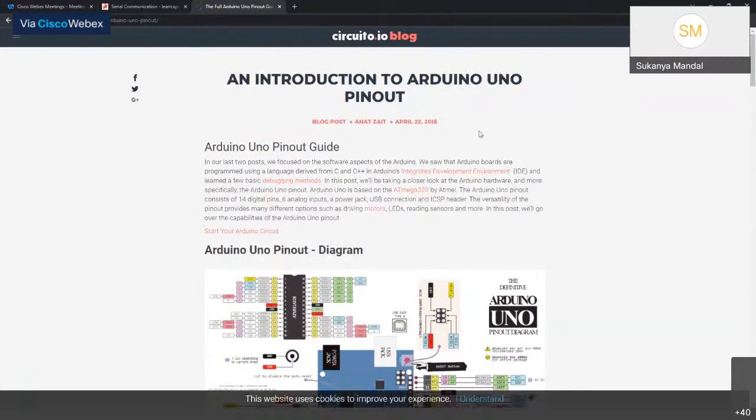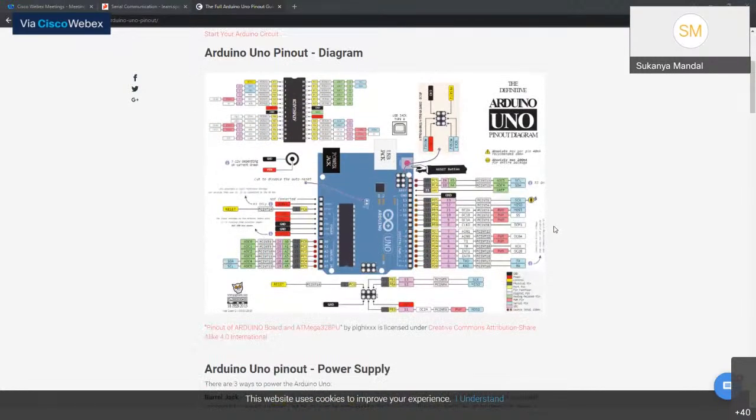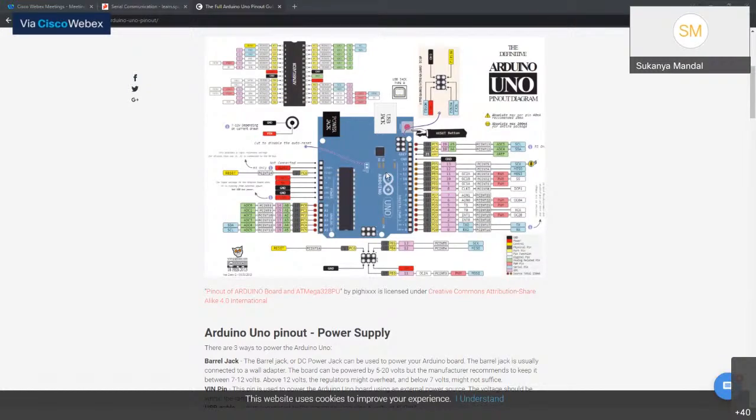Yeah. So this is the Arduino pinout diagram, right? So this is an Arduino Uno, and here on the left-hand side you have the IOREF pin.